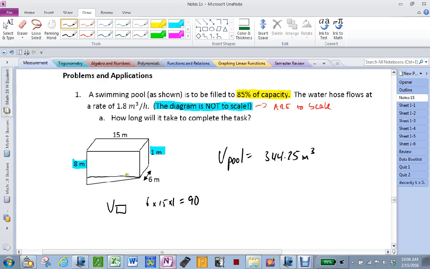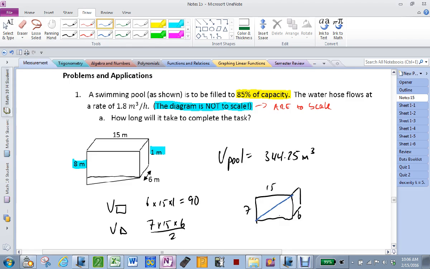And then the triangular prism, the volume of the triangle, which is the bottom part of it, is 7 by 15 by 6. And that's been cut in half because, of course, the bottom of this pool is 7 by 15 by 6, but it's not all there, is it? It's been cut in half.